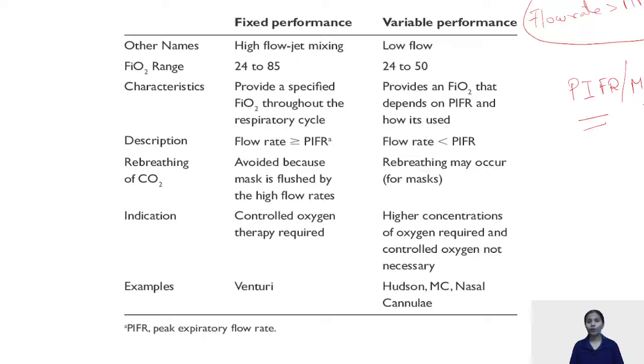Whereas variable performance devices are used in those cases which have mild to moderate hypoxemia and controlled oxygen therapy is not required. So with variable performance, maybe the patient is getting 30%, maybe the patient is getting 40%, but it is less relevant in these cases.